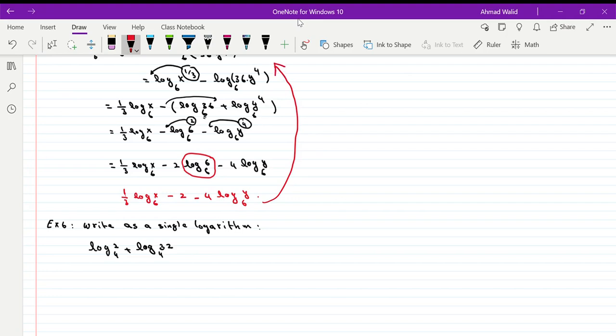You have to go all the way up to write as a one single logarithm. It means the exponent rule that you did at the last, here it comes as the first step. If you have a number in front of log, first you have to move the number to the exponent. Then apply the rules. You are going from the bottom to the up, correct?